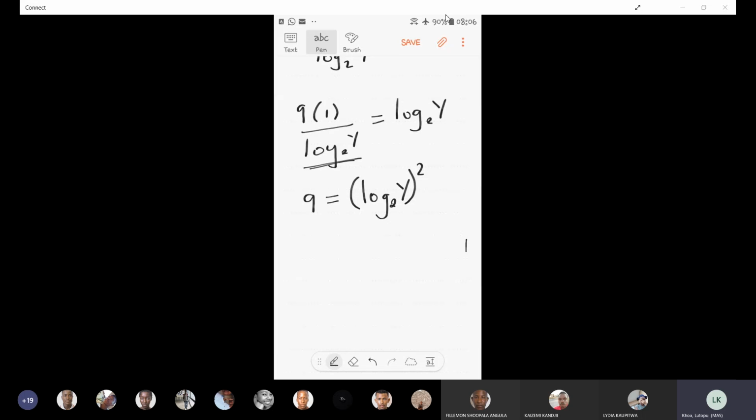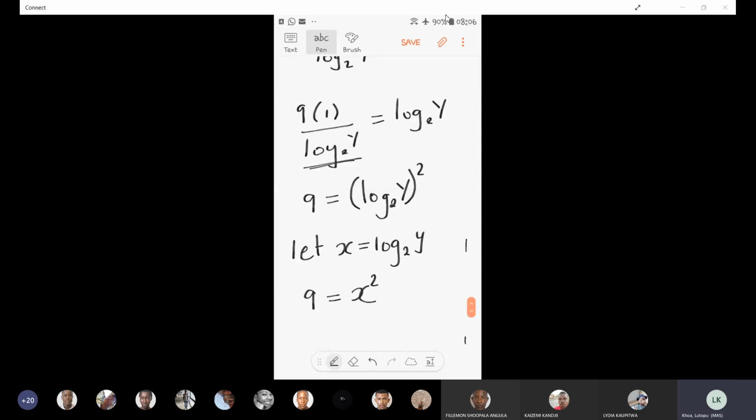So if I let x equal to log base 2 of y, you will see that I have 9 is equal to x squared.